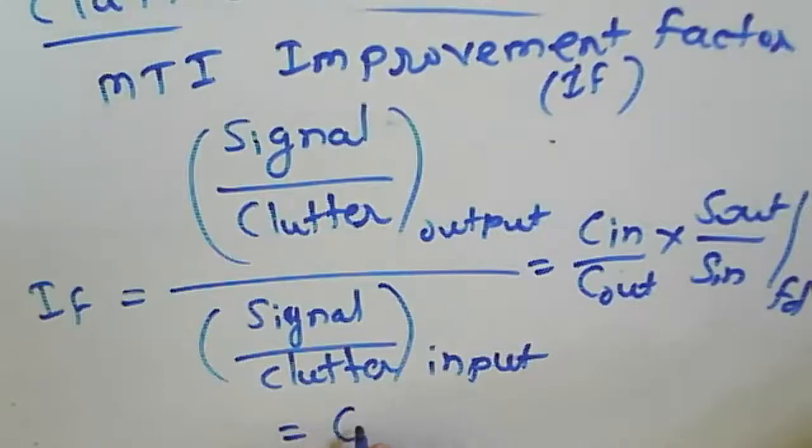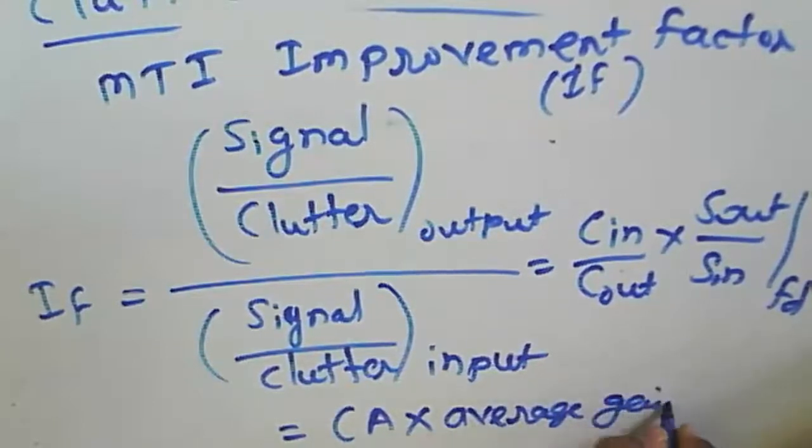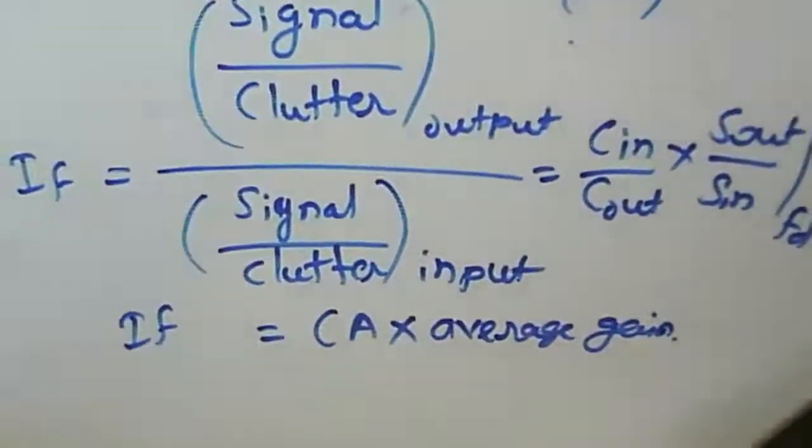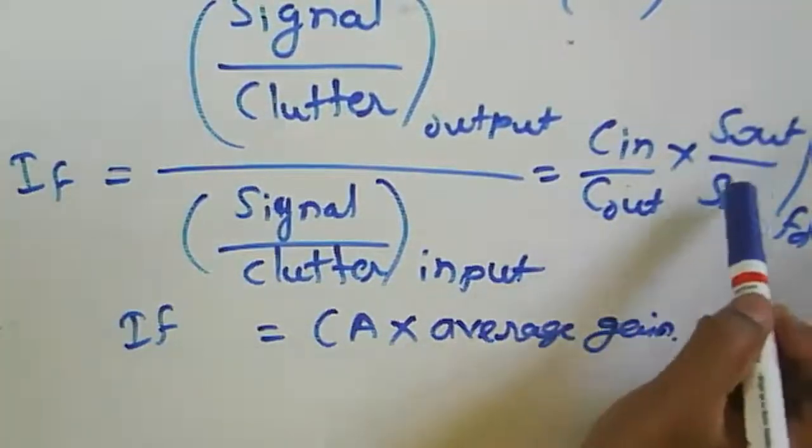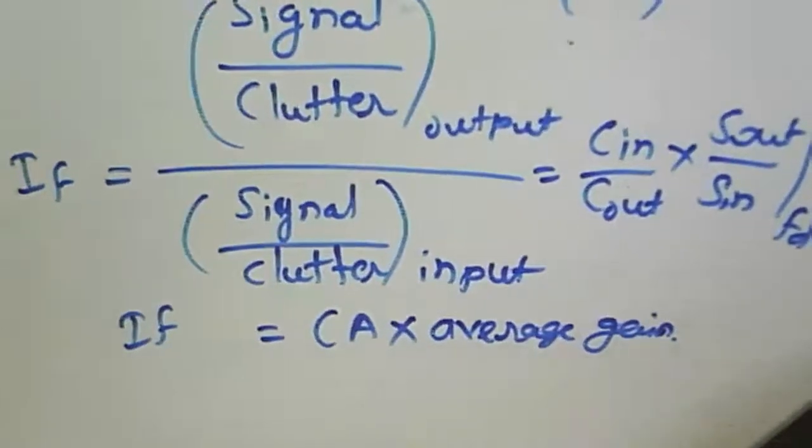So we will get the clutter attenuation into the average gain. So the improvement factor is equal to the clutter attenuation, that is C in by C out, nothing but the clutter attenuation, into S out by S in, that is nothing but the gain.